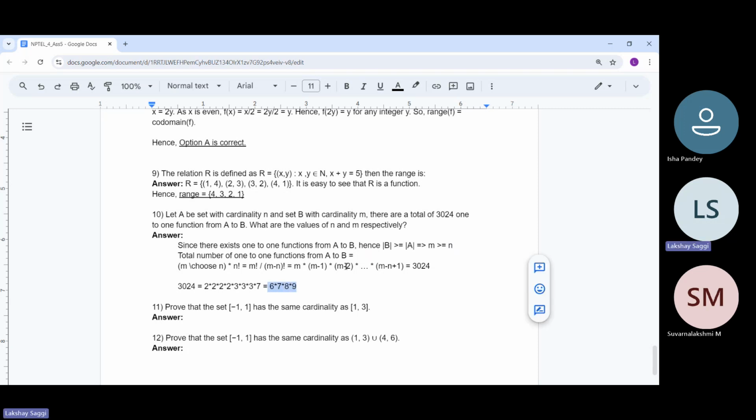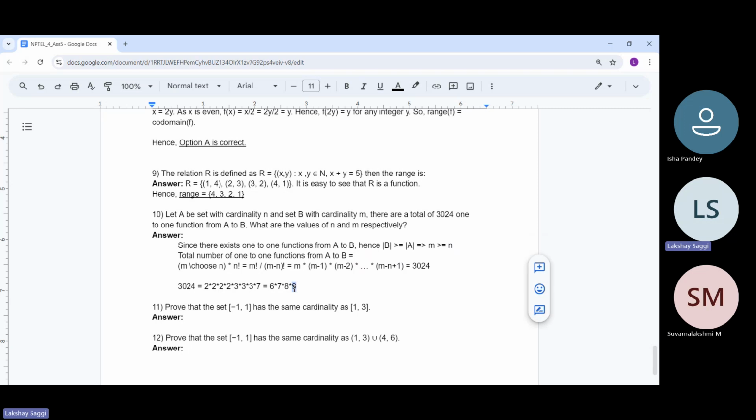You could have also just checked different values of m and n and found out when 3024 comes out to be equal to what possible m and n. But I just tried to do it a bit more efficiently. If I can write 3024 as 6 times 7 times 8 times 9, then this is also equal to m times (m minus 1) till (m minus n plus 1), right? So from this we can get that m will be equal to the largest of these.